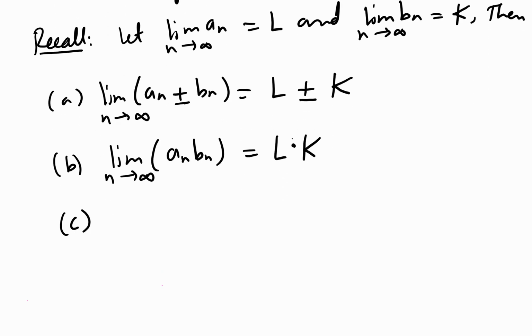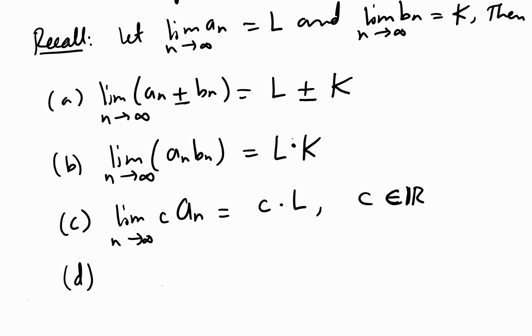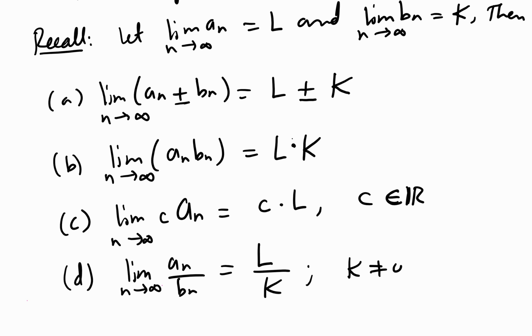C, the limit as n approaches infinity of any constant c times a sub n is c times L, where c is any real number. If we're doing a sub n over b sub n as n approaches infinity, that's going to be L over k, provided that k is not 0, and neither is b sub n.